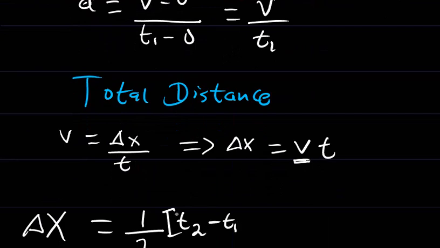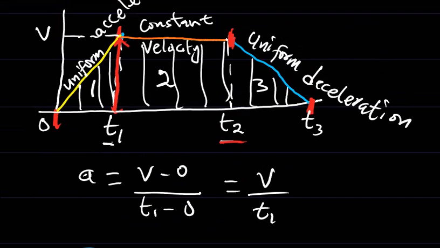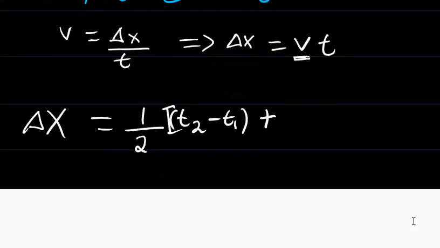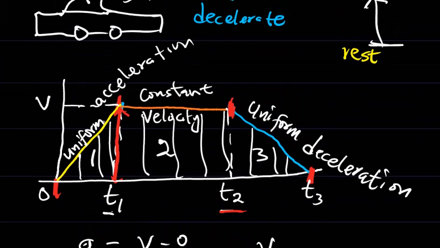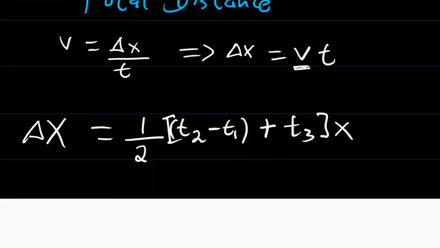Then plus the distance all the way from 0 to t3, plus t3. Then multiply by the height. The height is the final velocity, from 0 to v, which is v. So multiply by v.